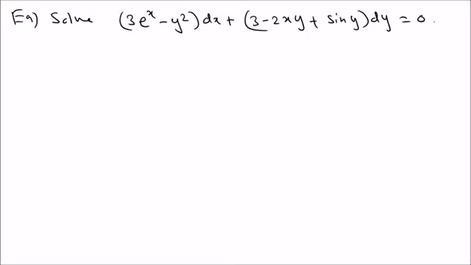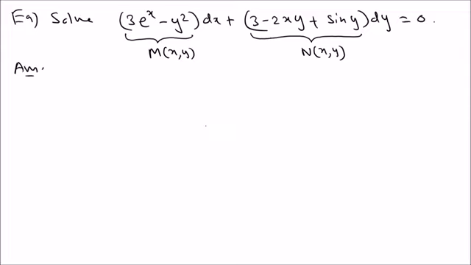If you get a problem like that, the first thing we do is check whether this is exact. So this is the M function. This is the N function. We're going to do the test here.